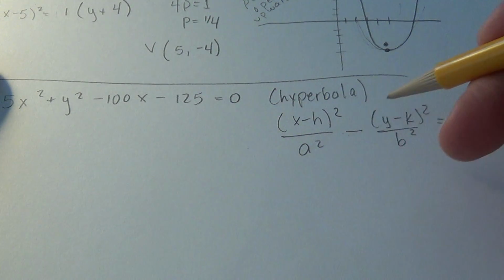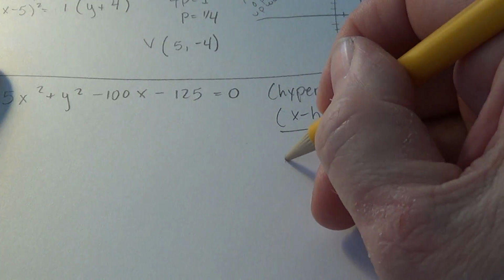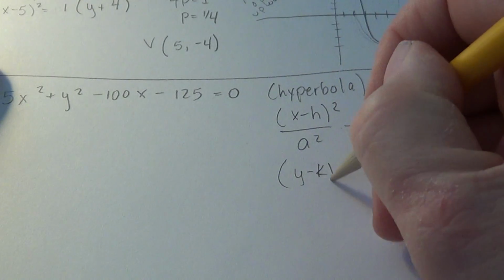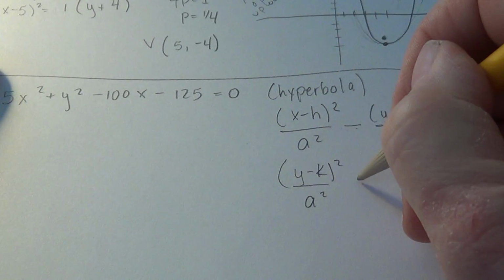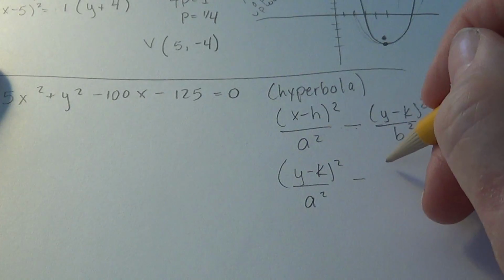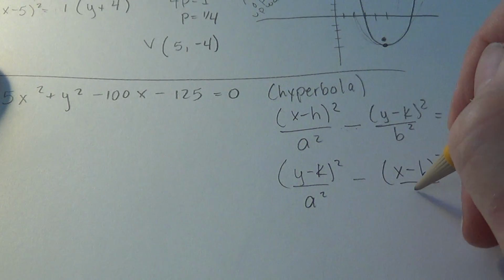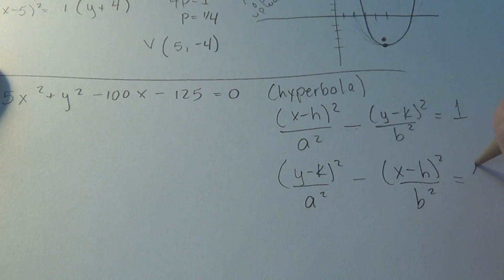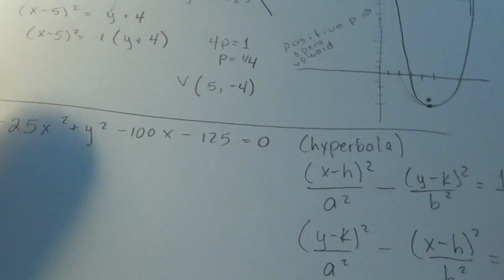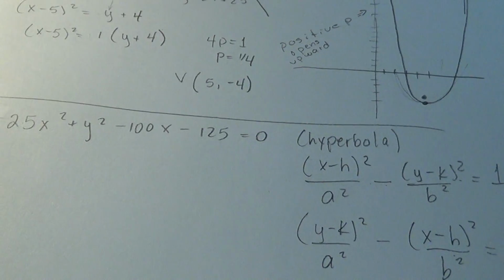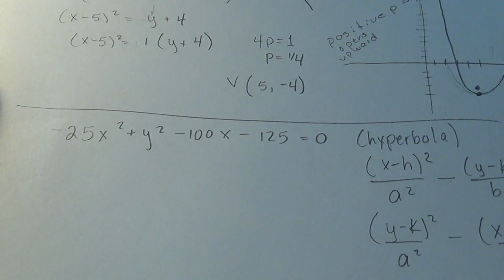Make sure you heard me, this is negative, and then the other way is when the y squared term is the positive 1, and the x squared term is behind the negative sign. So it's either going to be this or this, so we will see what washes out.